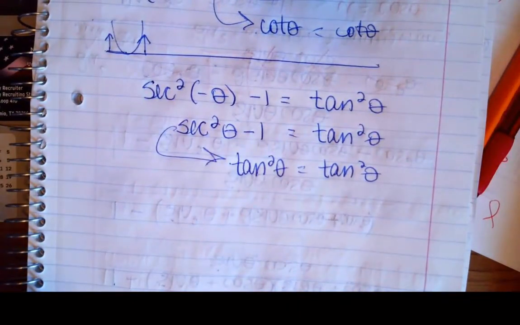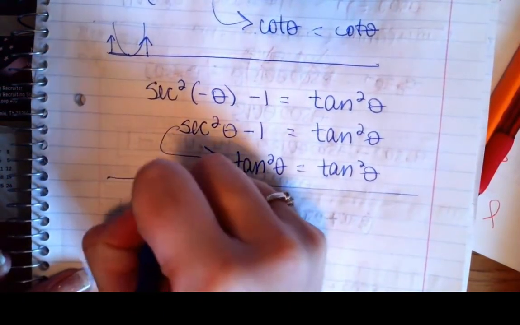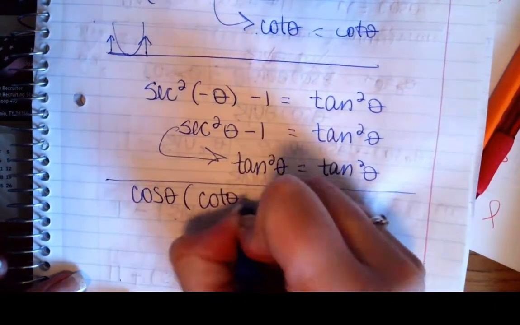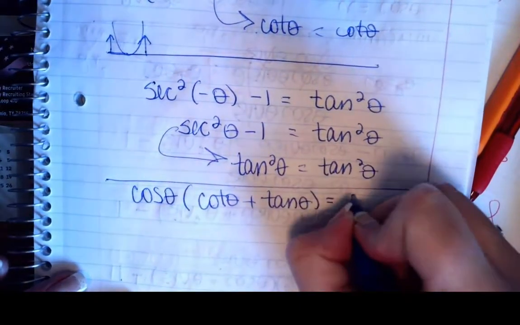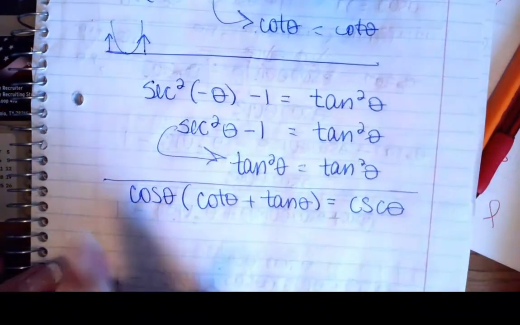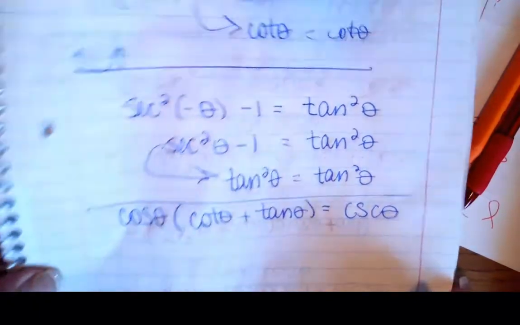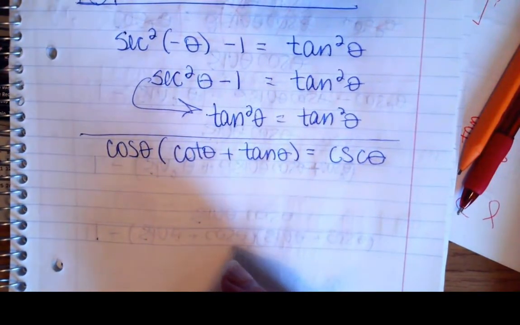So let's try another couple. I've got cosine theta times cotangent theta plus tangent theta equals cosecant theta. So I want this entire thing over here to change into cosecant. Again, you're going to get little prompts to tell you what steps to take, because you may be like, holy cow, I have no idea what to do.